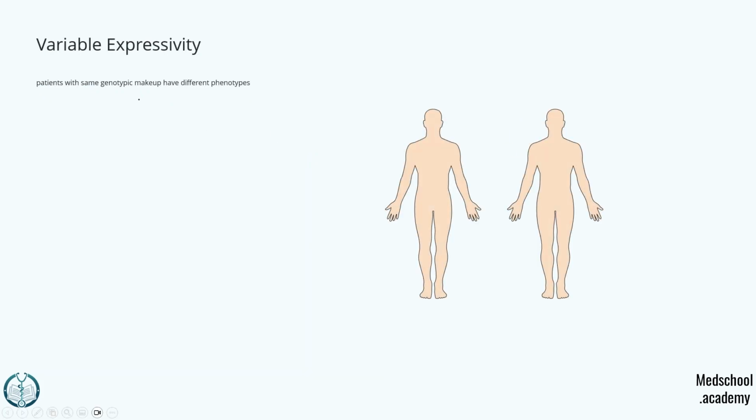Next is variable expressivity. So this is when patients with the same genotype, with the same genotypic makeup, have different phenotypes. So let's say both these patients, this one right here and this one right here, both have a mutation in the NF1 gene. What's that going to lead to? That's going to lead to neurofibromatosis.